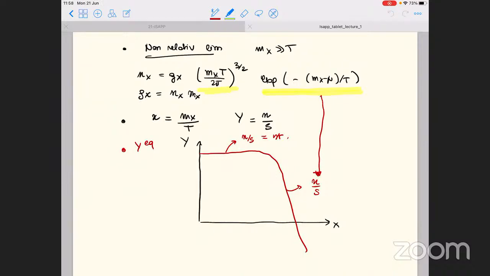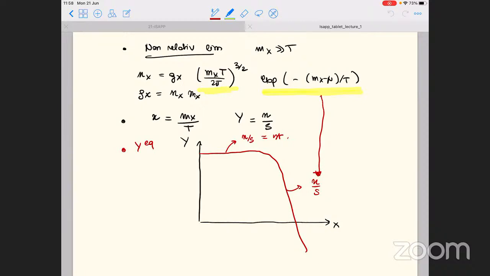And I also have the annihilation cross-section. Essentially, I have gauge interaction, but I'm assuming that the main energy dependence comes, at very high temperature, from the temperature in the annihilation cross-section.